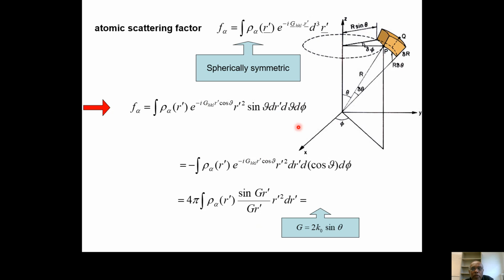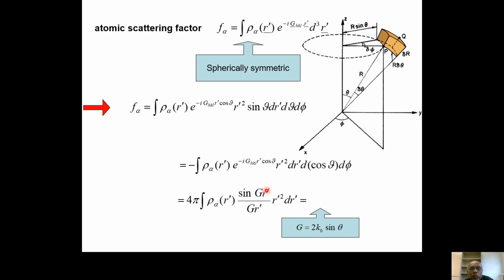Now if you separate the variables, you can see there's no φ dependence, so that becomes 2π. Then the only thing you have is this, because these two terms have both r' and θ dependence, so I can write it this way. Then sinθ dθ I can write as d cosθ.